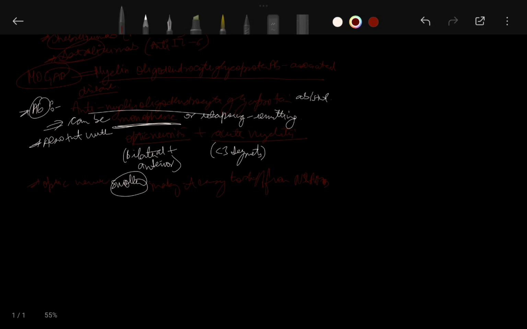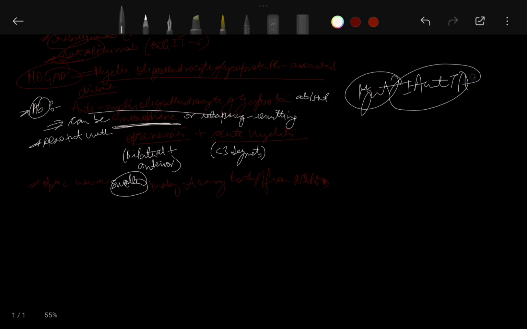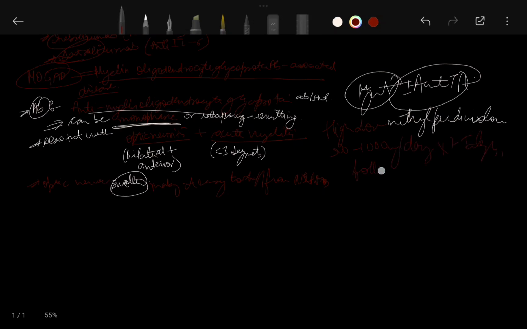Okay, just quickly reading about the management. First of all, acute treatment: high dose methylprednisolone 500 to 1000 mg per day can be given for 3 to 5 days, followed by oral prednisolone for 11 days.